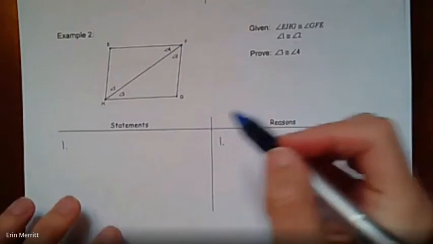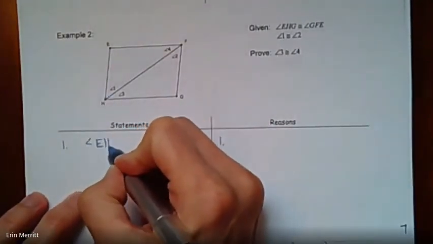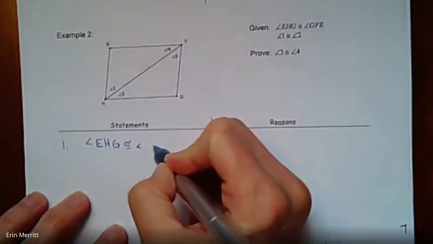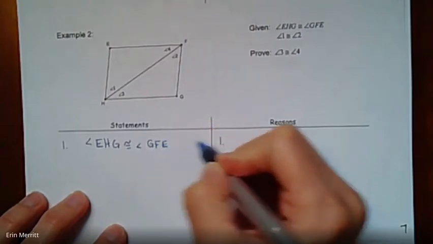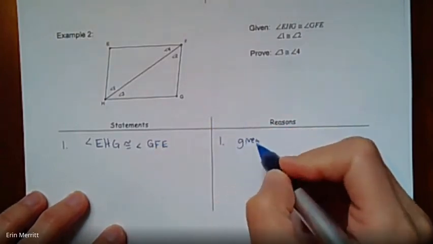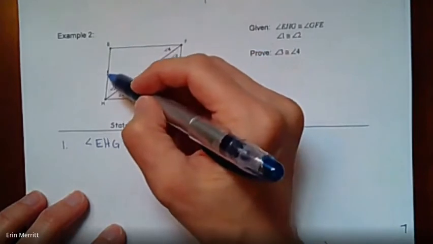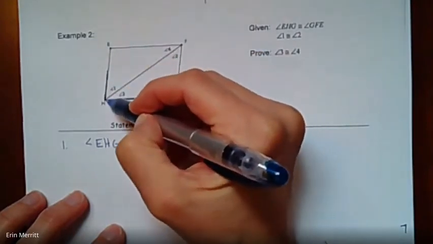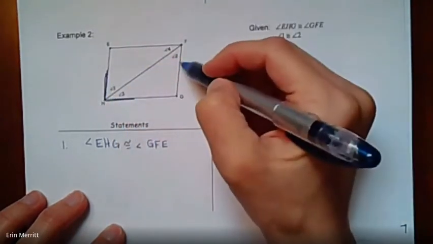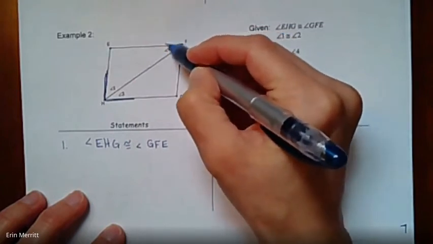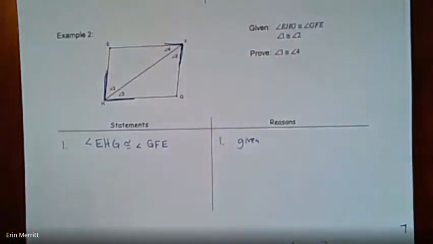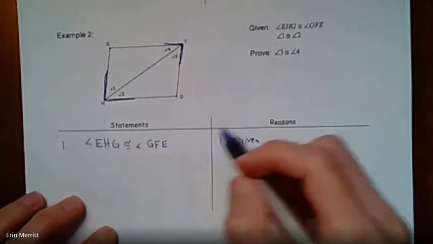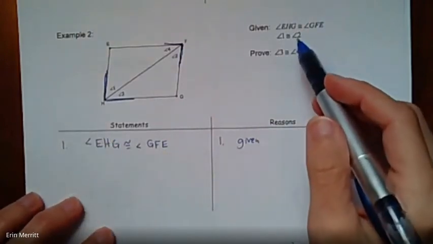So angle EHG is congruent to angle GFE, given. All right, let me highlight that. EHG is this big corner here, and then GFE is that big corner here.